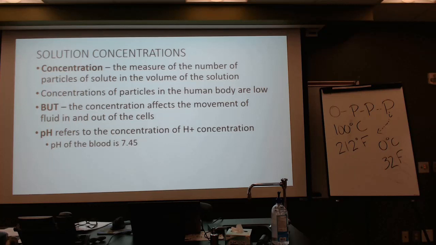On that pH scale, we tend to see it as 0 to 14, 7 being neutral, anything below 7 being acidic, anything above it being basic. Blood should be 7.45 on the pH scale.